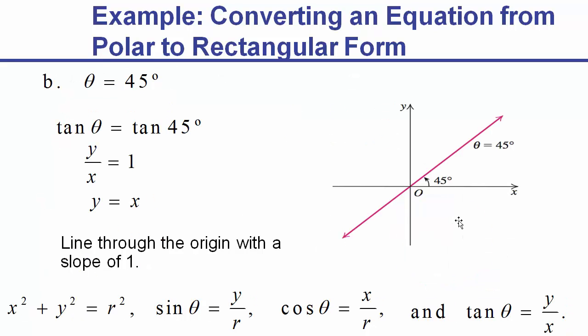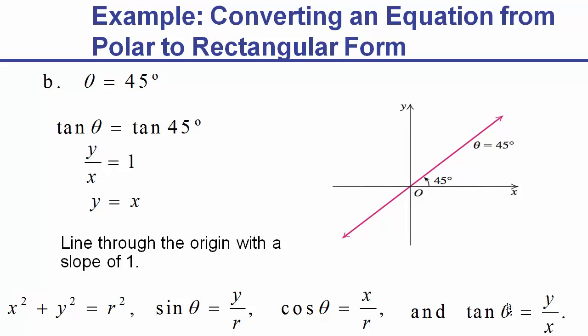Okay, the next example, B, they tell us just theta equals something. So again, we look down here and we go, okay, if we use this one or this one, we're stuck with needing to know both theta and r in order to solve this for just y or just x. And over here, there's no r in it whatsoever. So this is the one to use. So now by substitution, tangent of theta equals tangent of 45, take tangent of both sides.